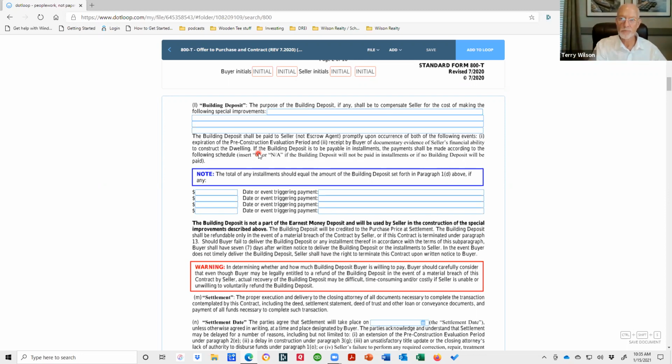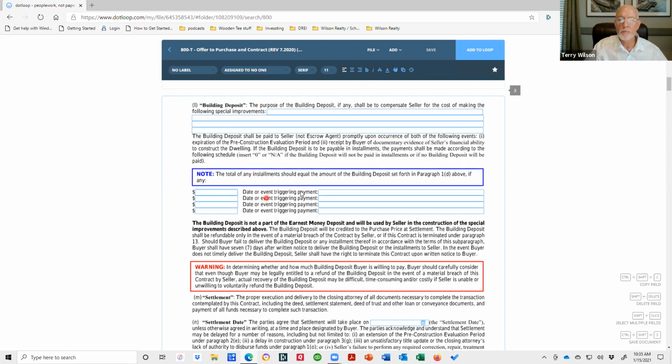And upon those two occurrences, then we will release the money, the building deposit, to the seller. We might release all of the deposit to the seller, but more likely what we're going to do is release the deposit using installments. So let's say that I had a $30,000 deposit, then I'm going to give them $10,000 for them to break ground and pour the slab.